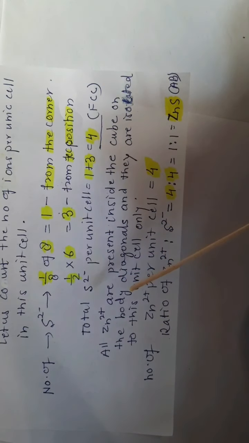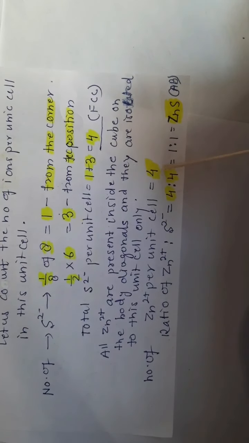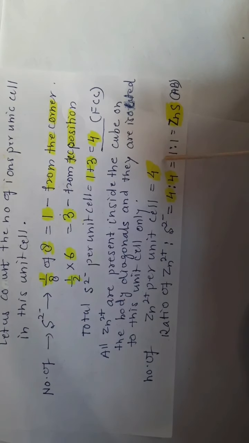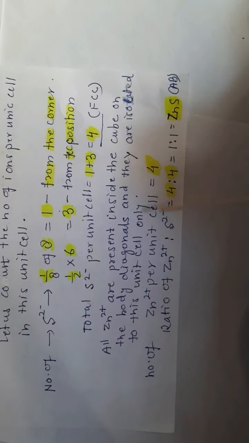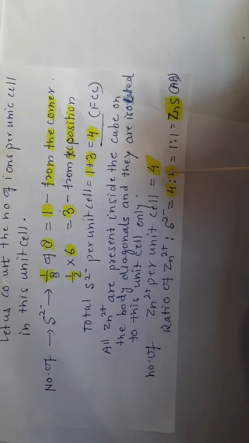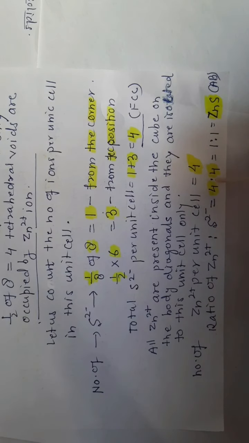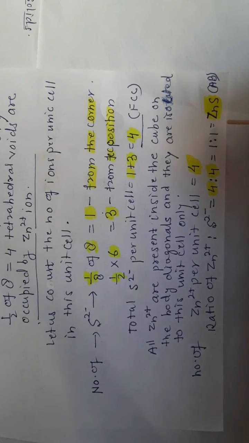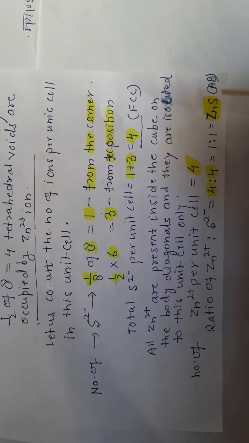So the number of zinc ions per unit cell comes out to be 4 because that space is not common with any other unit cell. So the number of zinc ions per unit cell is 4 and the number of sulfide ions per unit cell is 4. So the ratio of zinc ion to sulfide ion comes out to be 4:4, that is nothing but 1:1, and the formula of the compound will be ZnS, and this is also an example of AB type of unit cell.